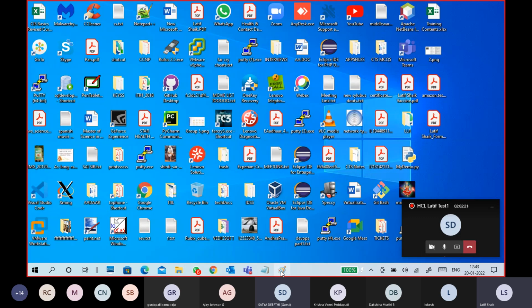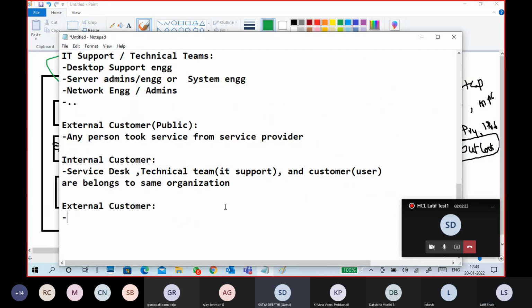External customers mean organization to organization, service provide and access.